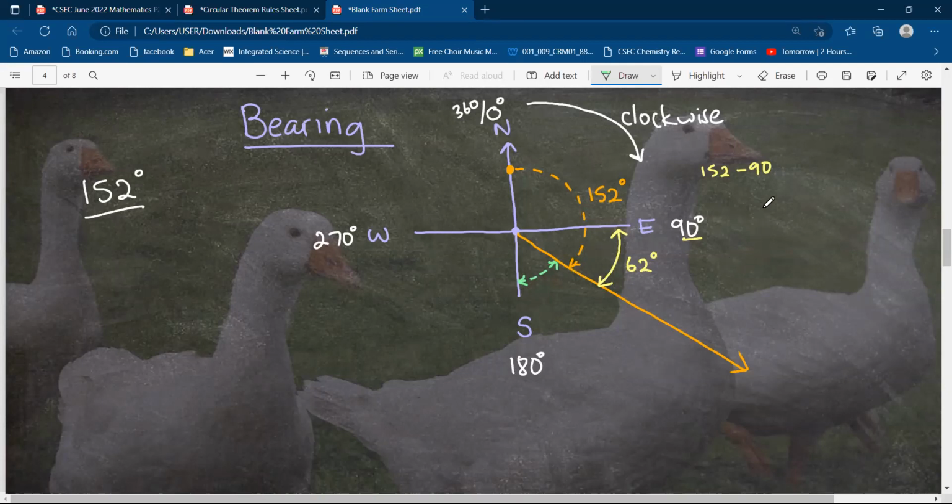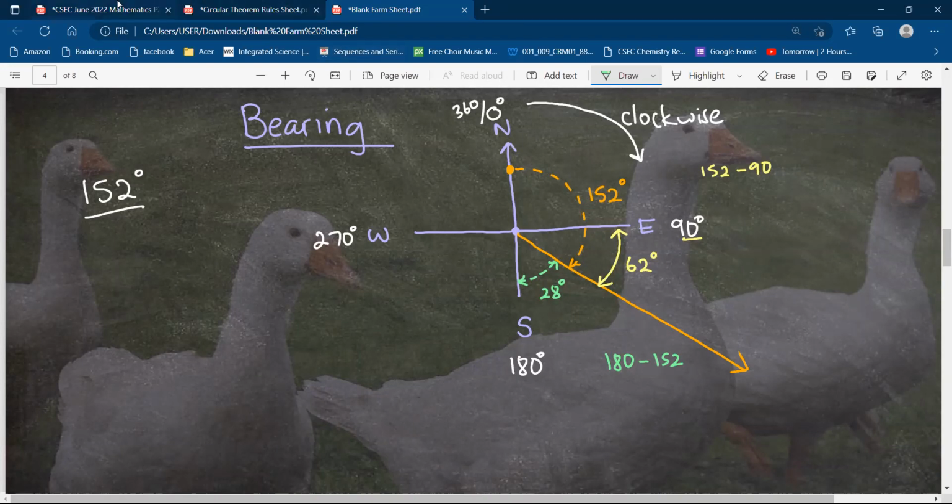So it's 180 minus the 152, because the whole thing is 180 and we have completed 152. Minus it, and you will get 28 degrees. It's really easier. Just remember, you're always facing north and you're turning clockwise. That's all you really have to remember.